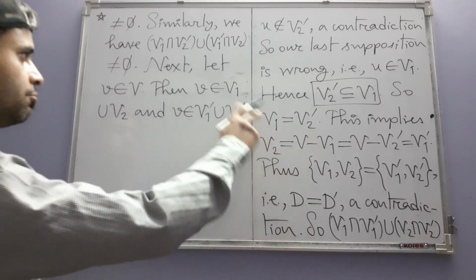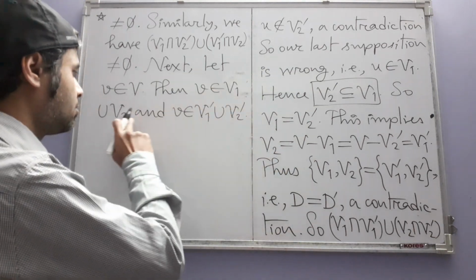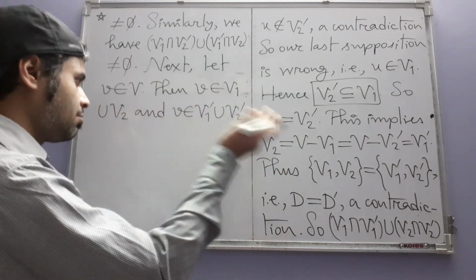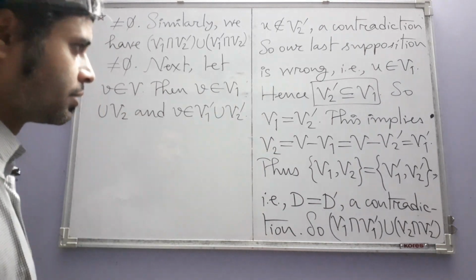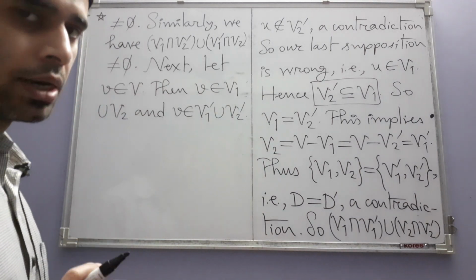Okay, so v is either in V1 or in V2, and simultaneously v is either in V1 prime or in V2 prime. Now four cases will arise.